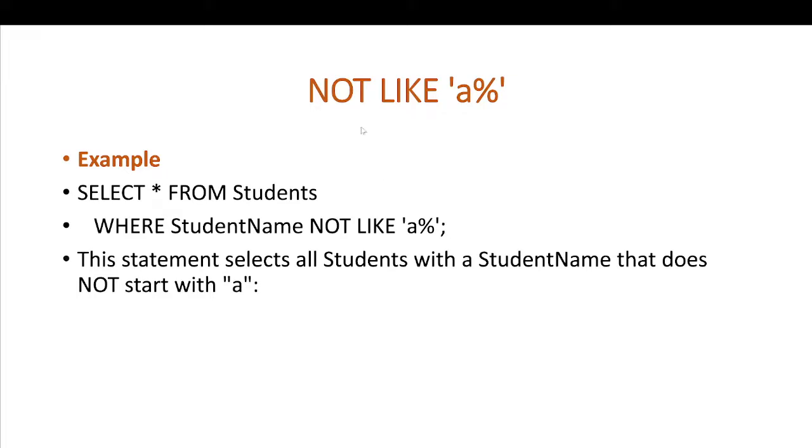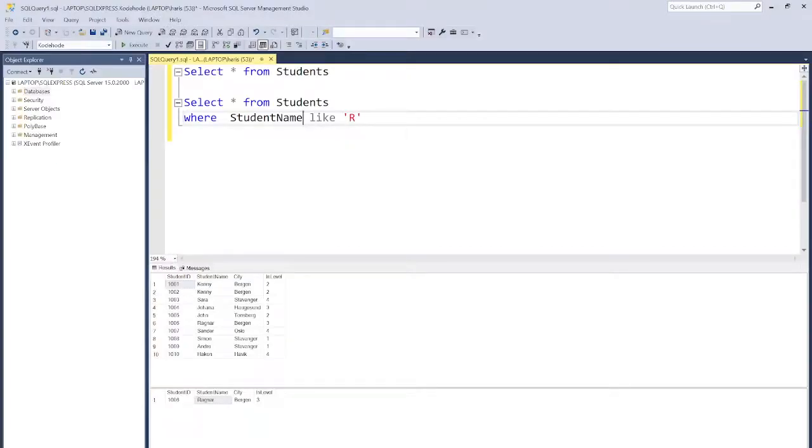Now we will be using not like a percentage. In this statement it will select all the students with a student name that does not have a as a starting letter. Not like r percentage.